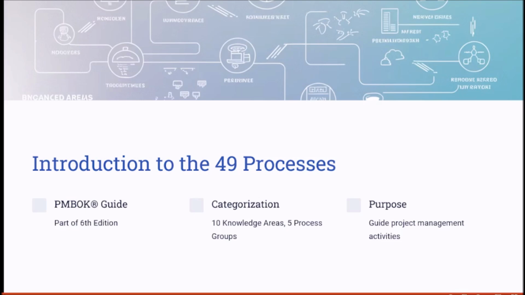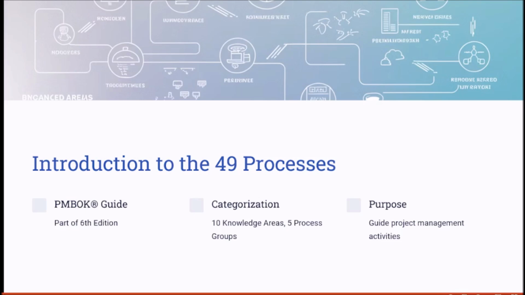So the PMBOK Guide 6th edition divides project management into knowledge areas and process groups, as we've discussed. But also within these categories, there are 49 processes defined as specific project activities. These processes outline the essential tasks that the project manager must execute for project success.